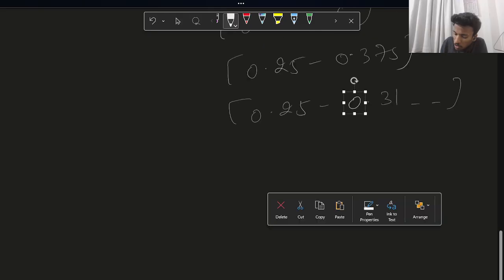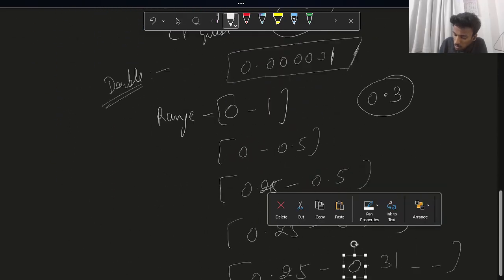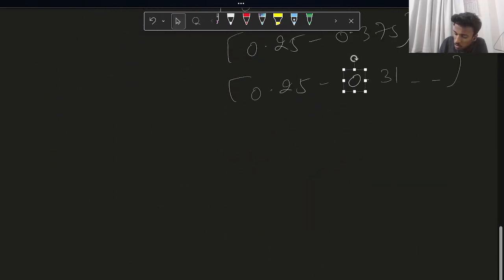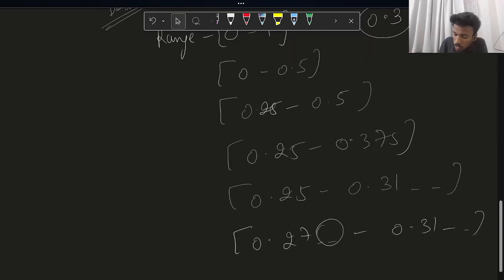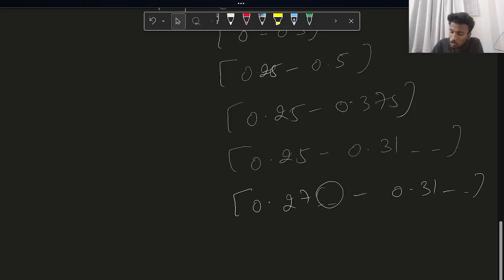Next time it will go somewhere around 0.27 something, like some more digits would be appearing here, and 0.31. So as you keep on iterating, you will see you are getting closer and closer to 0.3, which was your answer initially.